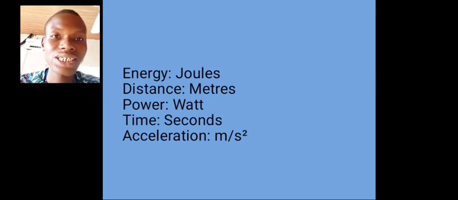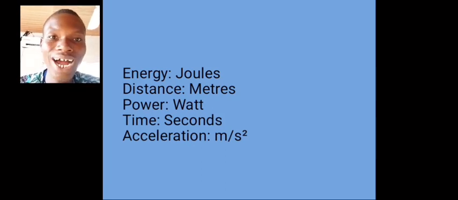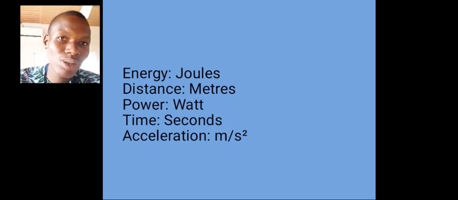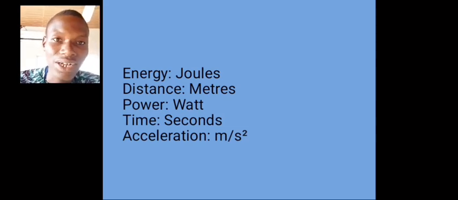Now, the unit for distance is meters. It's also the unit for height, because they are all measured in meters. The unit for power is watt. The unit for time is seconds. That means what we measure time in. What time did he use in doing a particular job? We measure time in seconds.